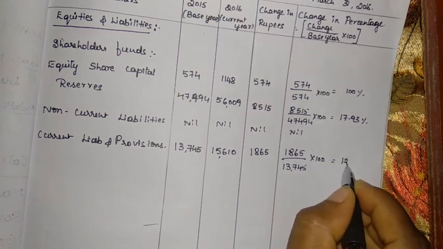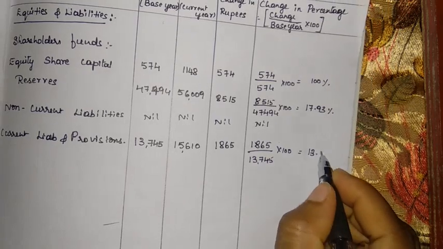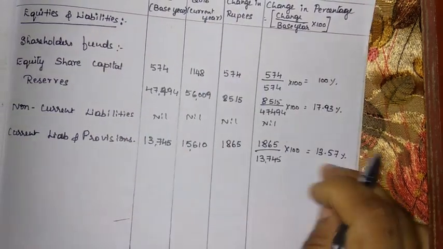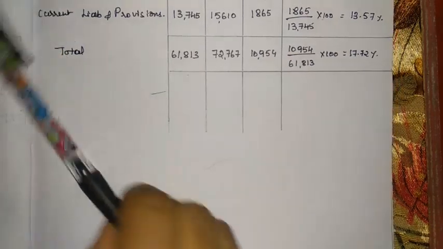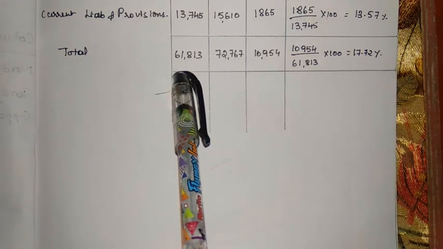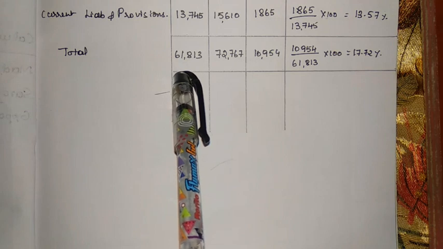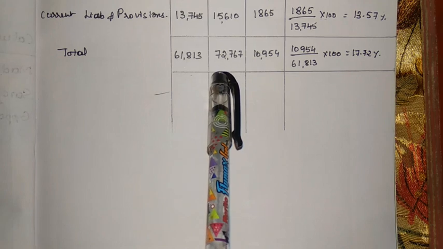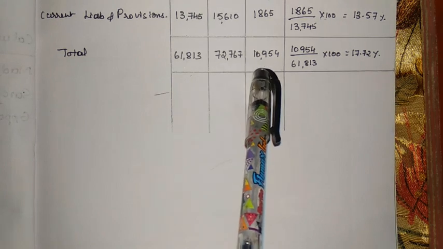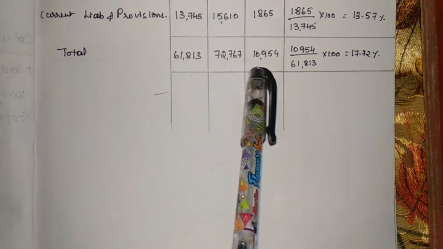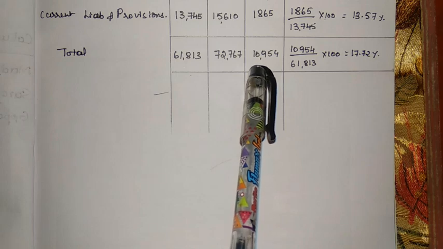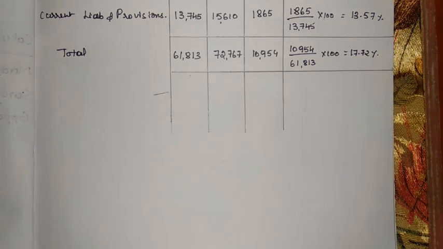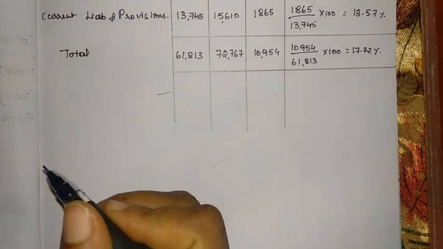So percentage is 13.57%. So we're done with equities and liabilities. Now we'll make a total. The base year total value for liability is 61,813 and it increases to 72,767. So the total increase is 10,954 and in percentage 17.72%.